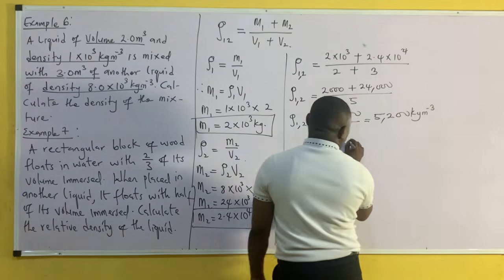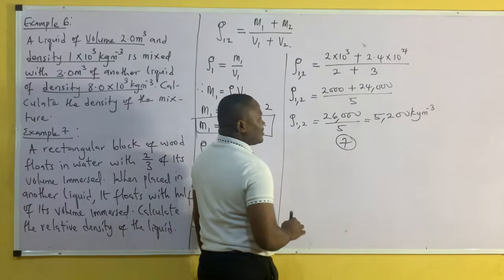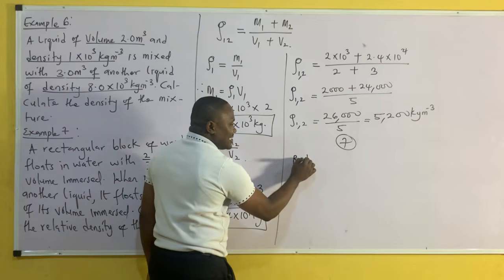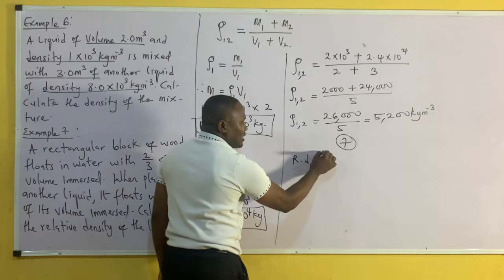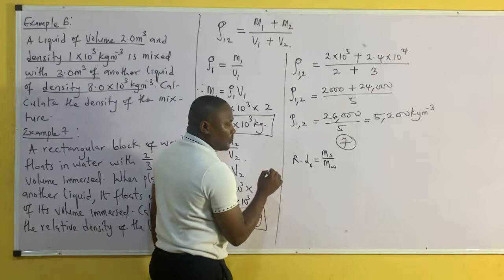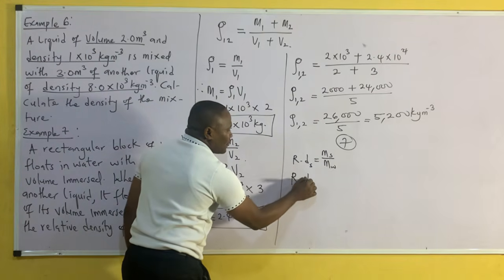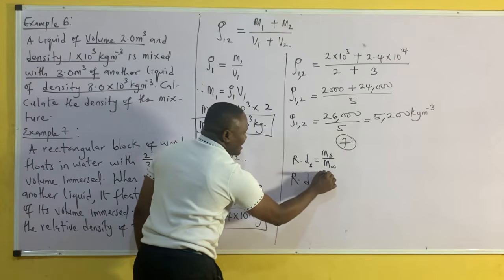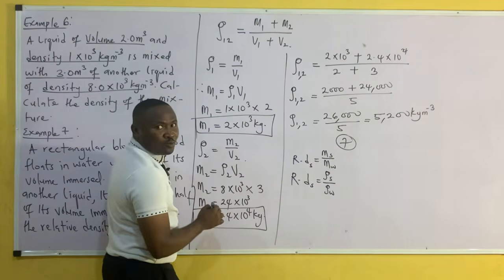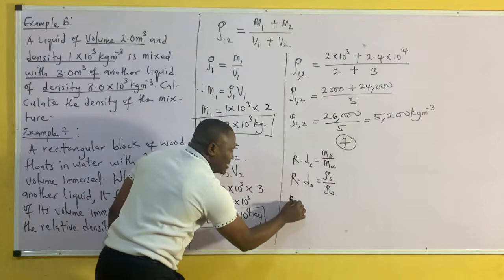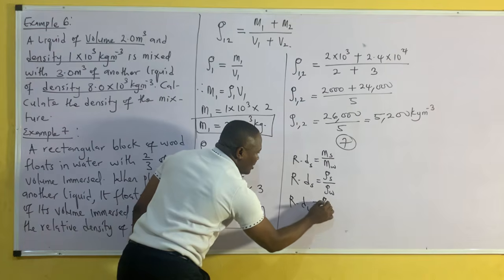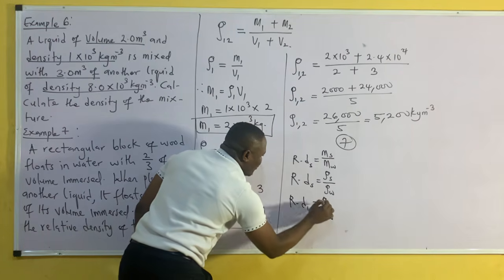Now, please take note. This is for number 7. We said that relative density of a solid is equal to mass of the solid over mass of equal volume of water. We said relative density of a solid can still be density of the solid over density of water. We said relative density of a liquid is equal to density of a liquid over density of water.